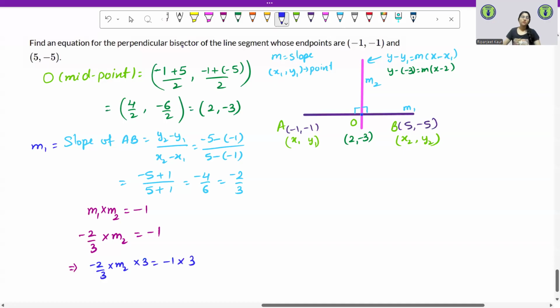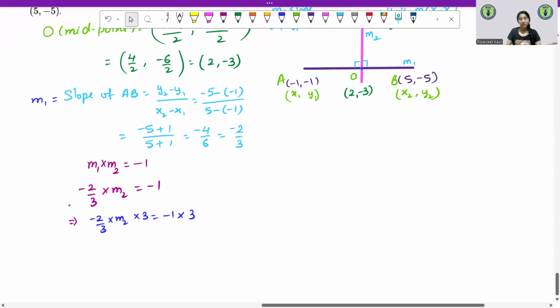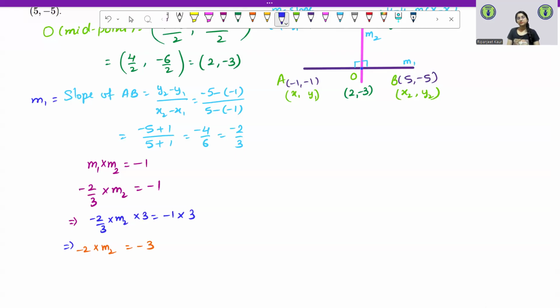What we do to one side, we do to the other side. What are we left with here? M2 equals -3. But isn't it there was a -2 as well? Oh yeah. So what can we do? You add 2 to both sides.